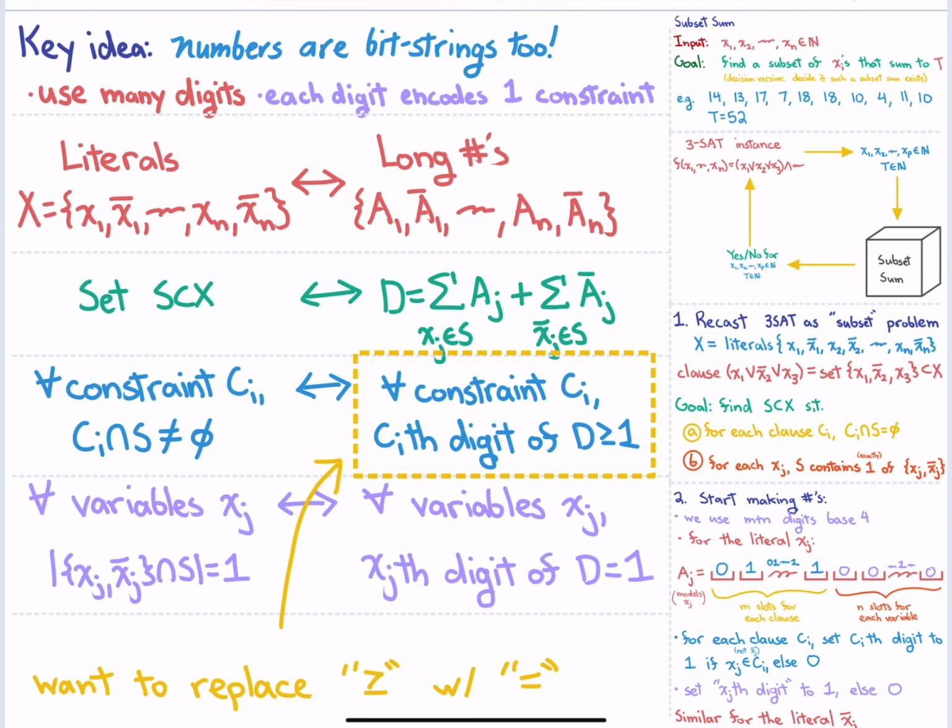As a hint, we have a lot of degrees of freedom. For example, we can make new numbers, right? You're allowed to do that. You can change the construction a lot of different ways.